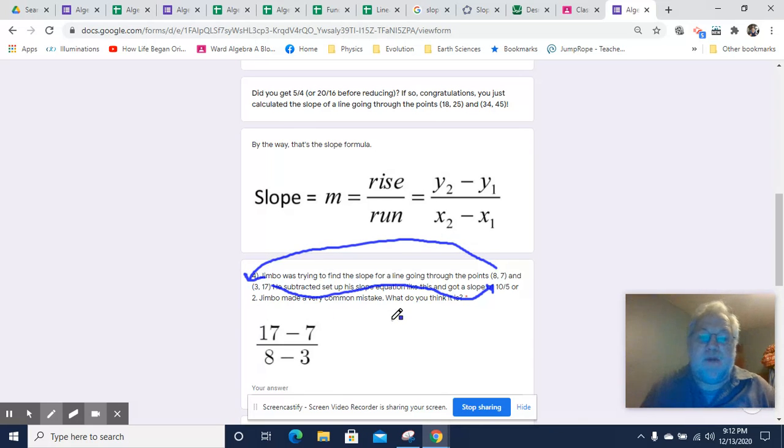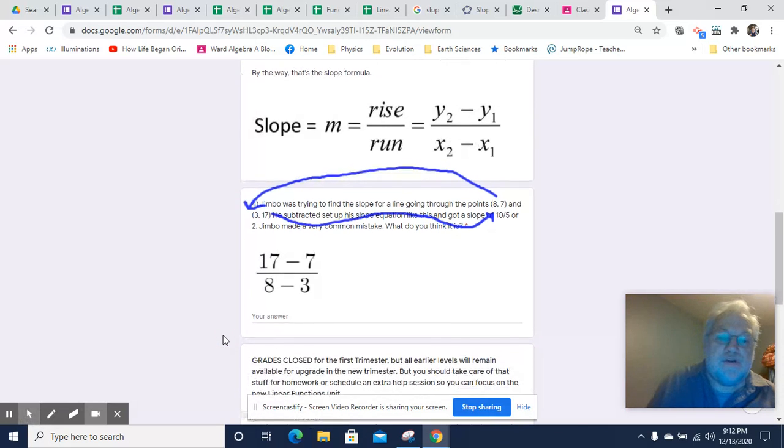Now, Jimbo made a very common mistake. What do you think it is? Well, if you think the mistake he made was that he subtracted 17 minus 7 for the vertical change, but went in the opposite direction for the x change, then you are correct. The actual slope for this is going to be -2.